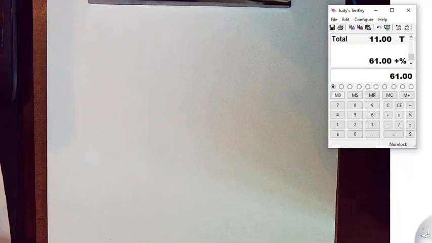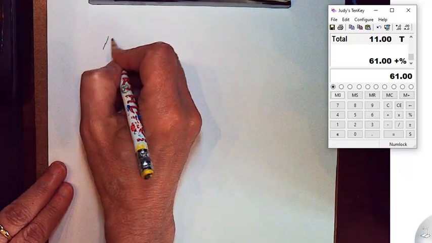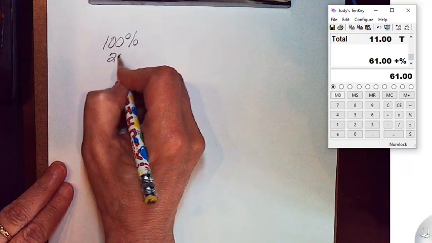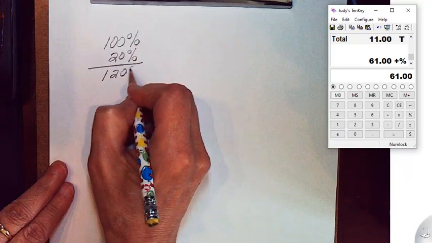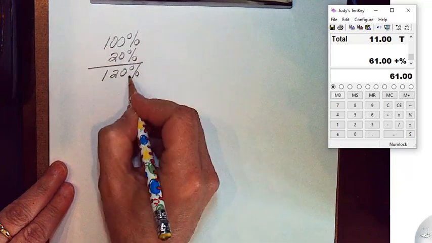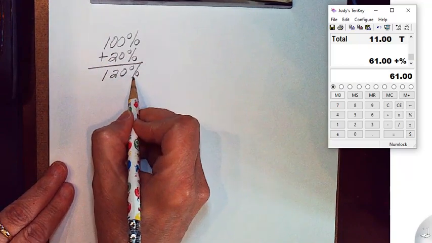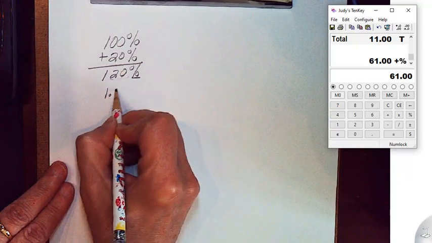So this is similar to what we did in the last class. So if the base is 100%, and I'm going to mark it up 20%, then it's really 120%. And 120% as a decimal, move it to the left, L for left, is 1.2 as a decimal.